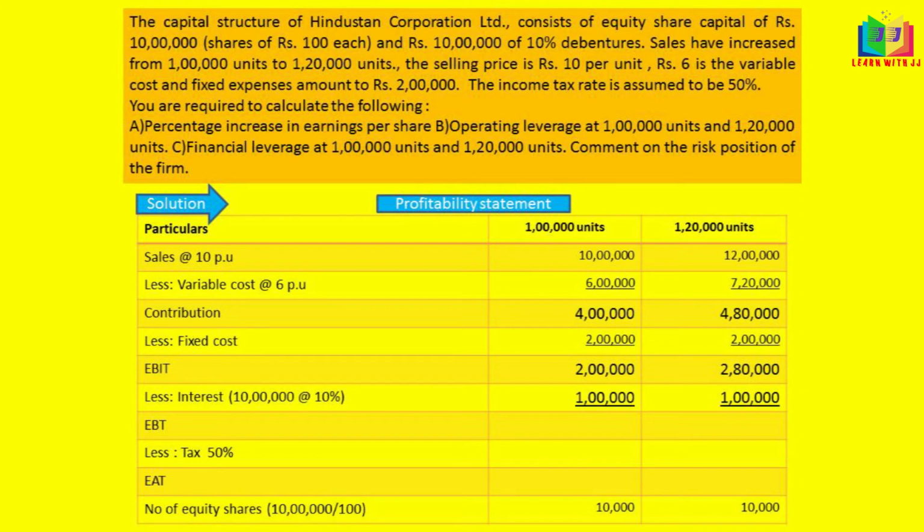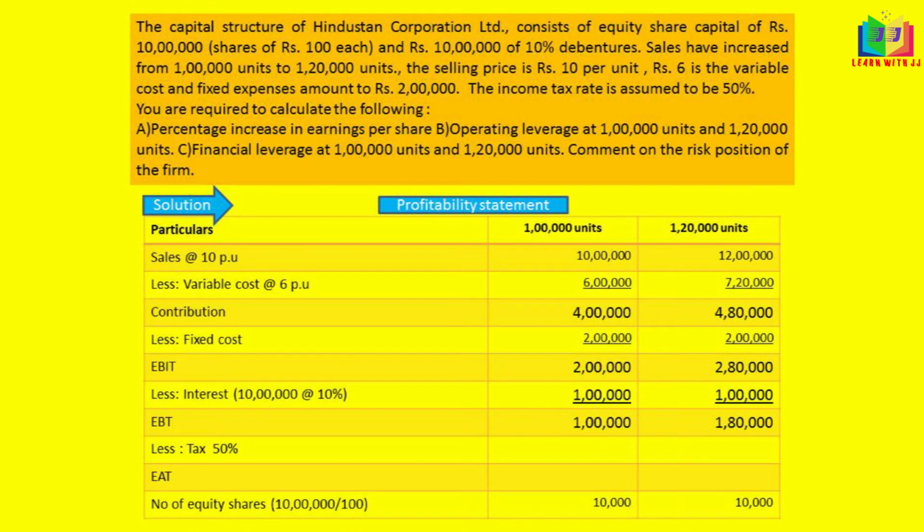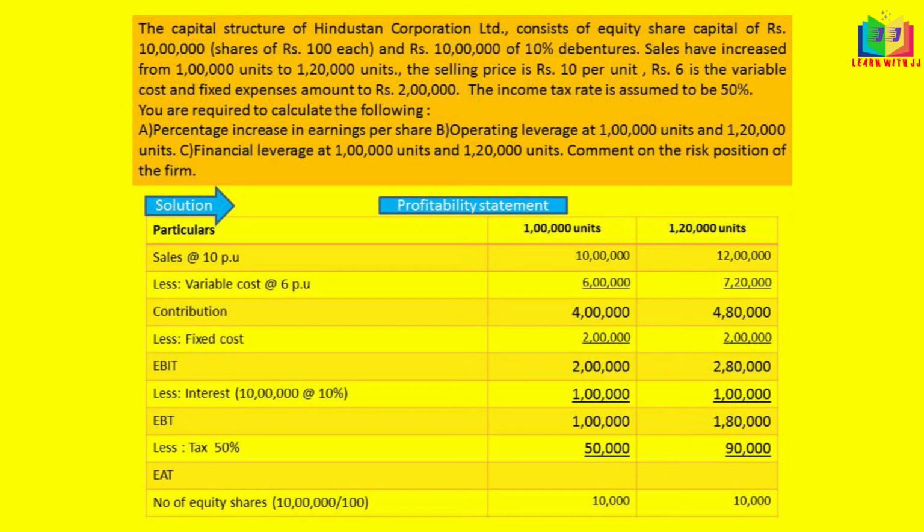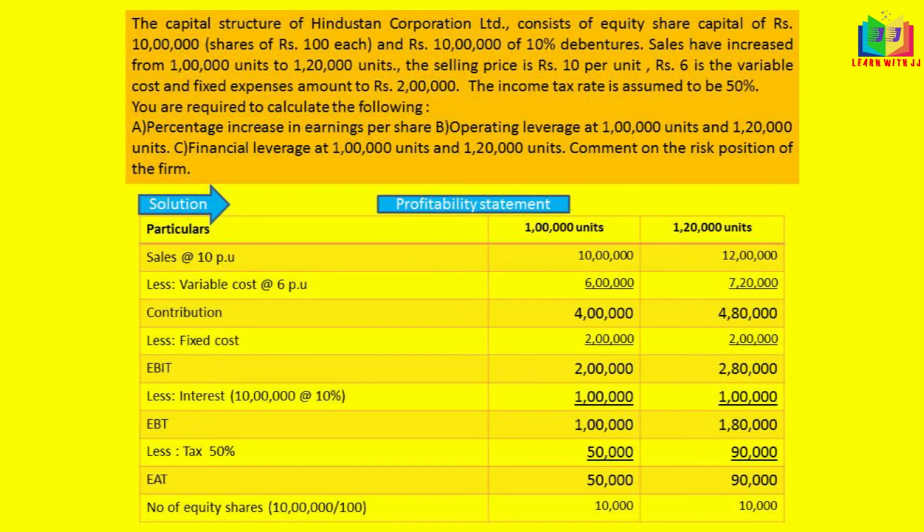So the EBT is 1 lakh for 1 lakh units and 1 lakh 80,000 for 1 lakh 20,000 units. Tax at 50%: 1 lakh into 50% is 50,000, and 1 lakh 80,000 into 50% is 90,000. So EAT is 50,000 for 1 lakh units and 90,000 for 1 lakh 20,000 units.